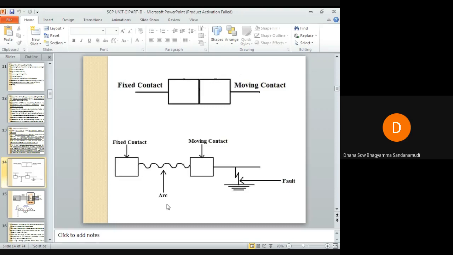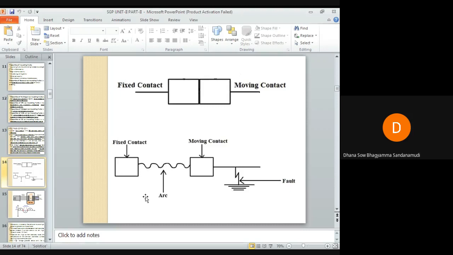Even though the moving contact has moved away from the fixed contact, there is discharge of electrons. This production of arc not only delays the current interruption process, but also generates enormous heat, which may cause damage to the system or the circuit breaker contacts themselves.